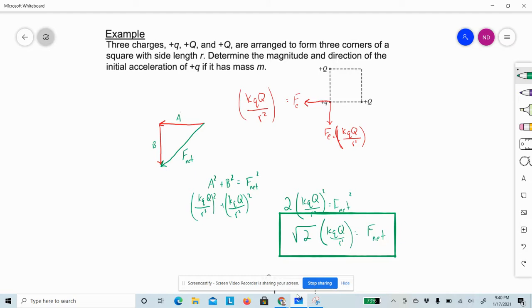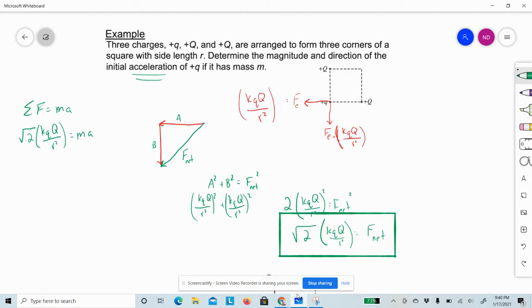And that is the magnitude of the net force. That's F net. We're not asked about the magnitude of net force. We're asked about the acceleration. So remember, the sum of the forces, or F net, equals ma. So now we know that the square root of 2 multiplied by K, Q, Q over R squared equals ma.